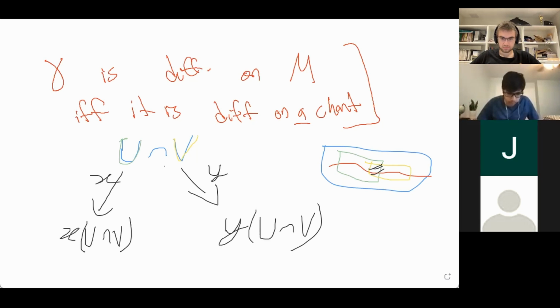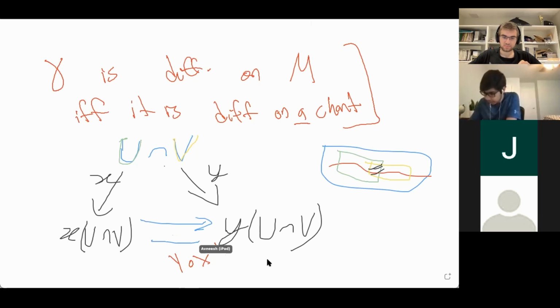And what we want to do is check if, hold on, let me see. Chart transition map. So chart transition map, there are two of them. So one is this way and the other is this way.